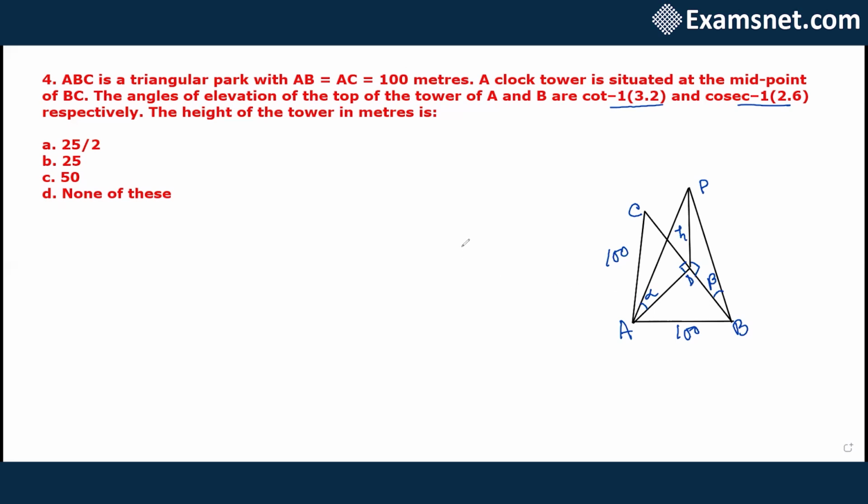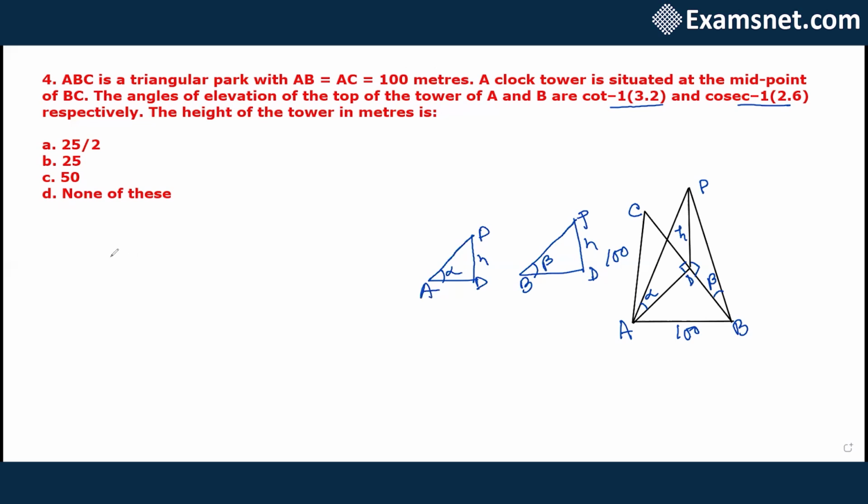It will look like this: ADP, where the angle is alpha and PD is the height H. And if I zoom in on the triangle PDB, then it will look like PDB. This angle will be beta and the height is H. So here we are required to find the height of the tower, that means the value of H.